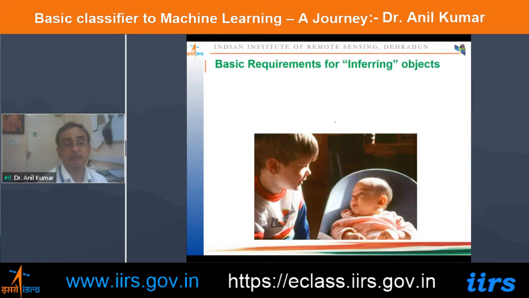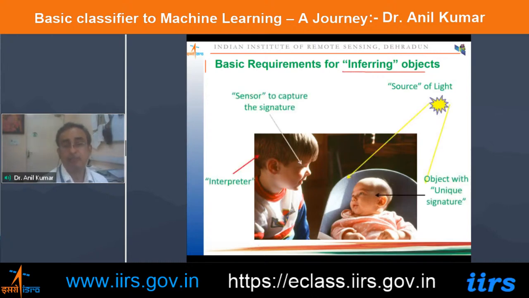Basic requirements for inferring an object, to feel about an object. Here you can see the object as a small baby, and we require a source of light falling on that object. The object has a unique signature; you can find the soft skin of a baby, right? They don't speak much, they give expressions, quite unique expressions.